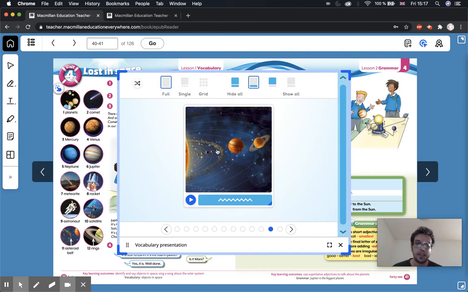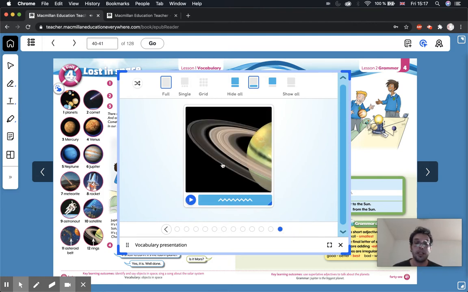And this thing here, all these rocks, it's called an asteroid belt. And then these things around the planet Saturn, rings. Okay. Do you remember all the words? ¿Puedes recordar todo? Okay, very good.